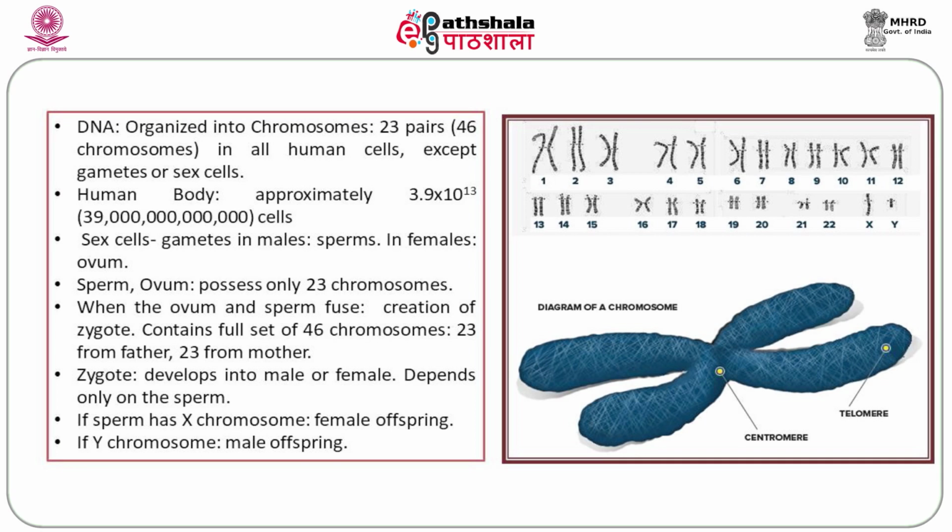They possess only 23 chromosomes. So, when the ovum and the sperm fuse, there is creation of a zygote, and the zygote contains all the 46 chromosomes. So, you can see that 23 chromosomes come from the father and 23 chromosomes come from the mother.